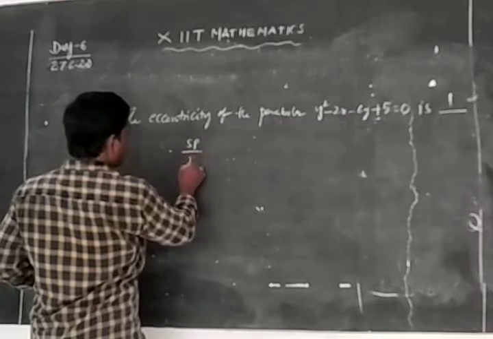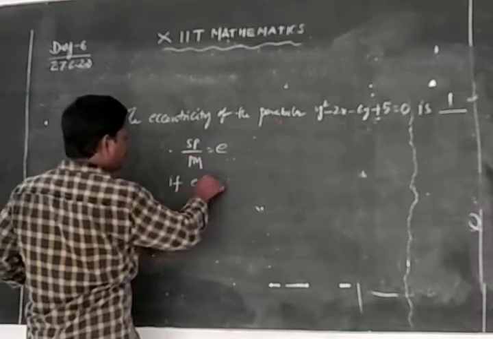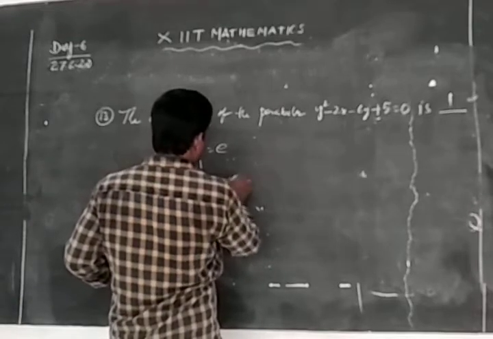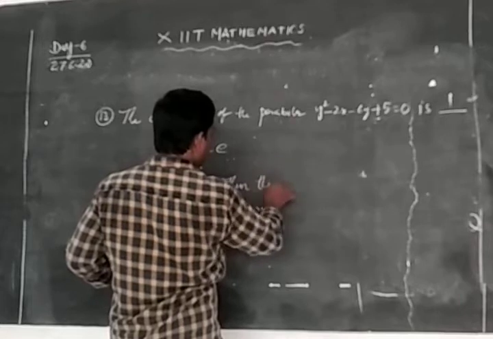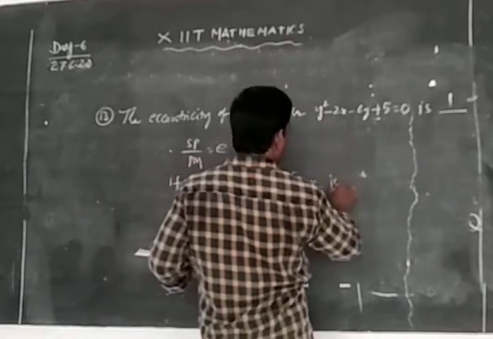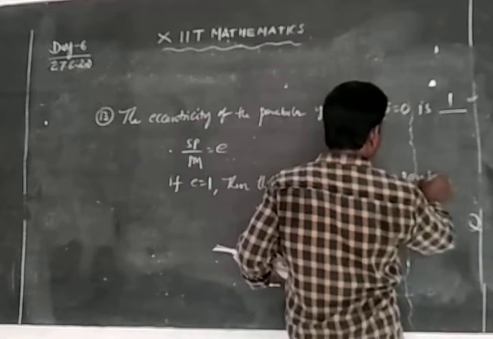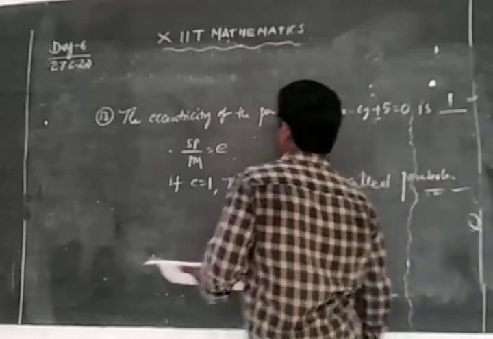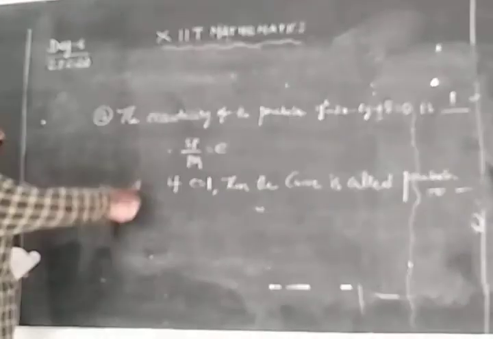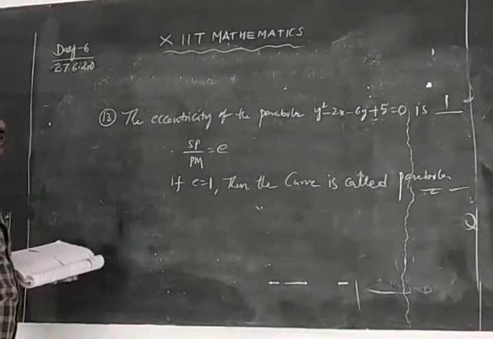SP by PM equal to E. If E equal to 1, then the curve is called parabola. Okay. This is the condition of the parabola, SP by PM equal to E. If E equal to 1, then the curve is parabola.